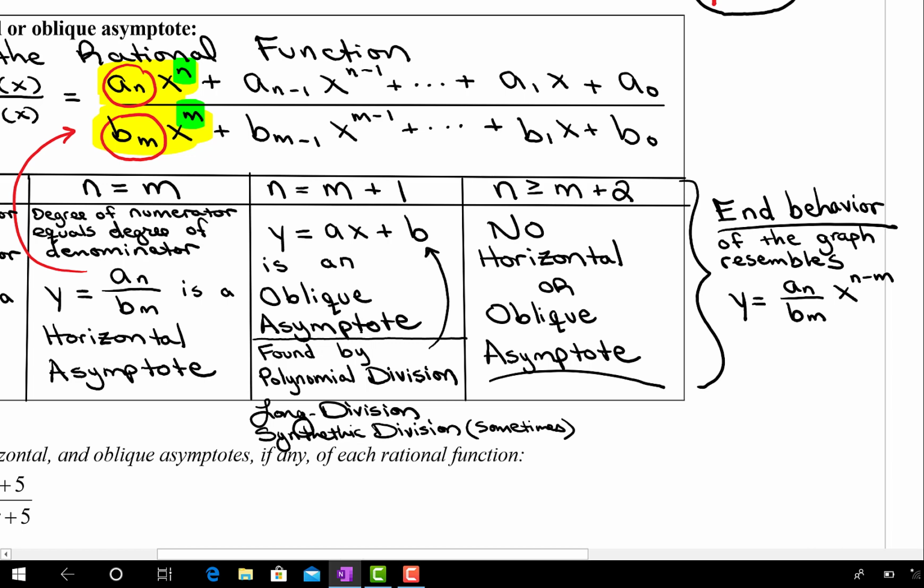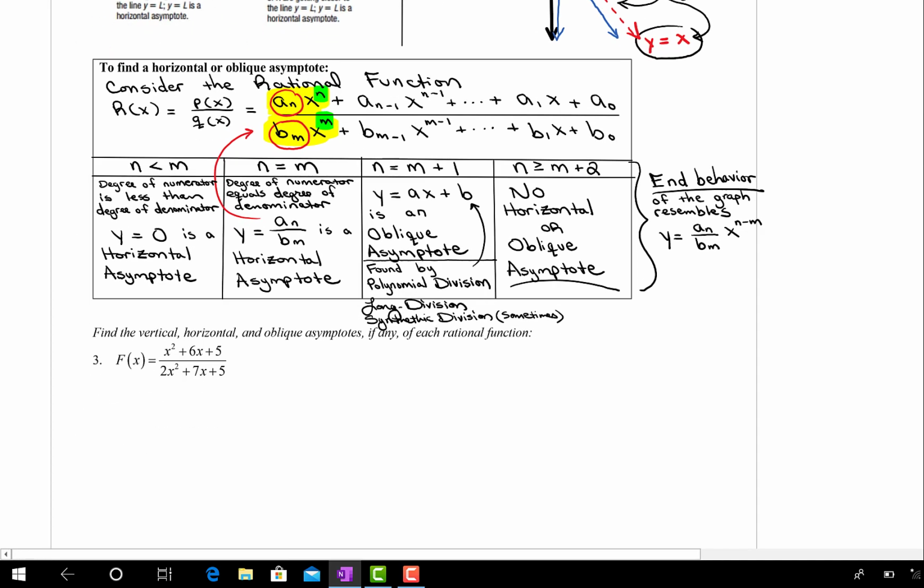So that's what the end behavior is going to look like for a rational function of that type.